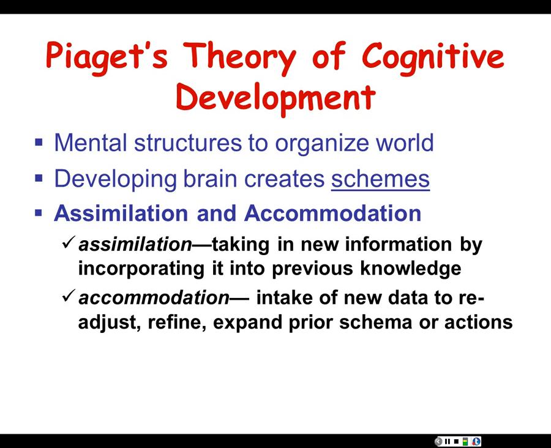Okay? He said this process of acquiring new information and adapting new thought processes is called assimilation and accommodation. So you have some idea about a certain concept, and when you're exposed to something new that you've never seen before or heard before, we tend to assimilate that information to something we already know.